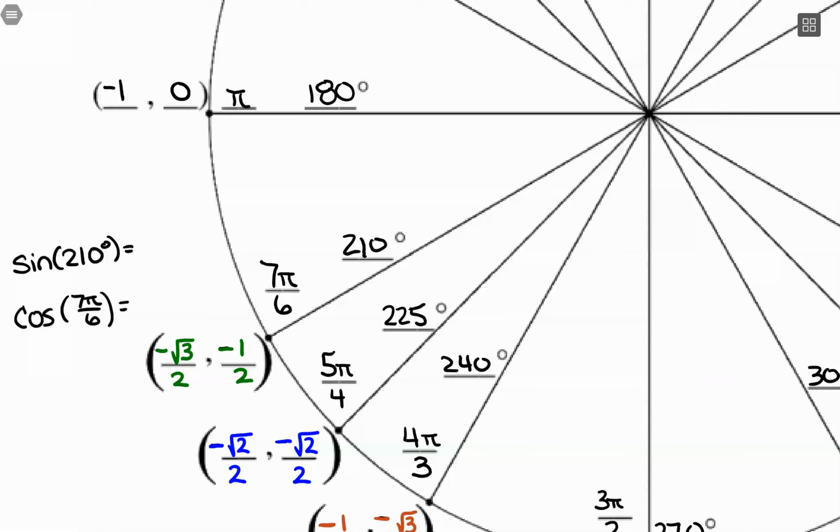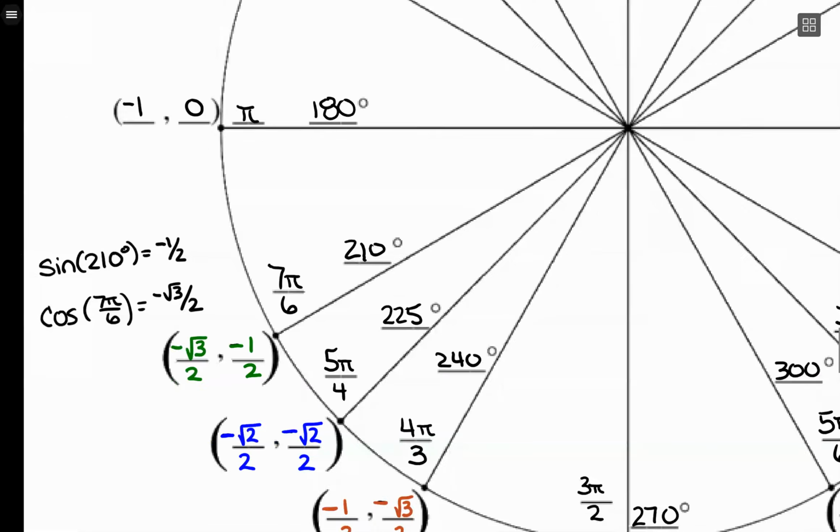And based on where we land, sine uses the y coordinate, cosine uses the x coordinate. So what we can then end up doing is making these substitutions where we have our trigonometric function. We can replace it with an actual value. And it's coming from this coordinate along the outside of this unit circle.